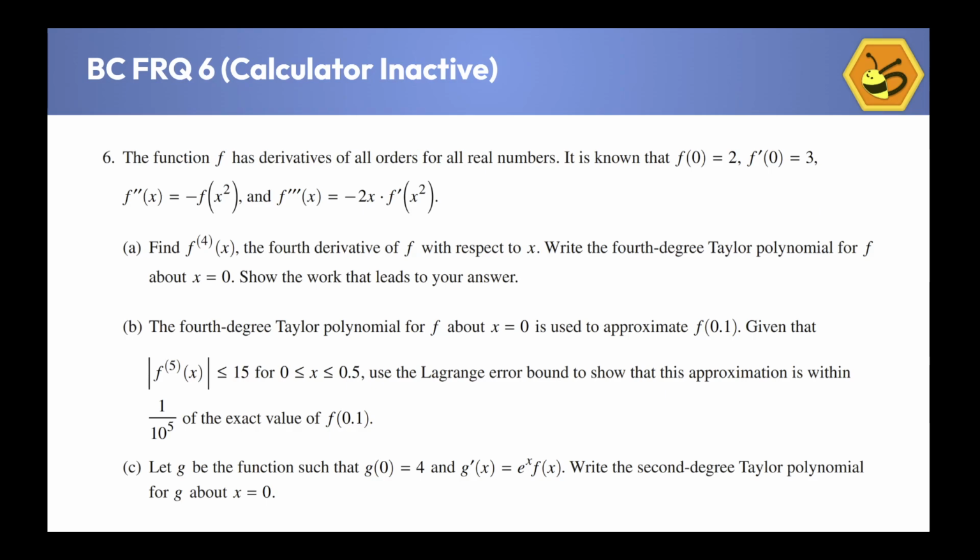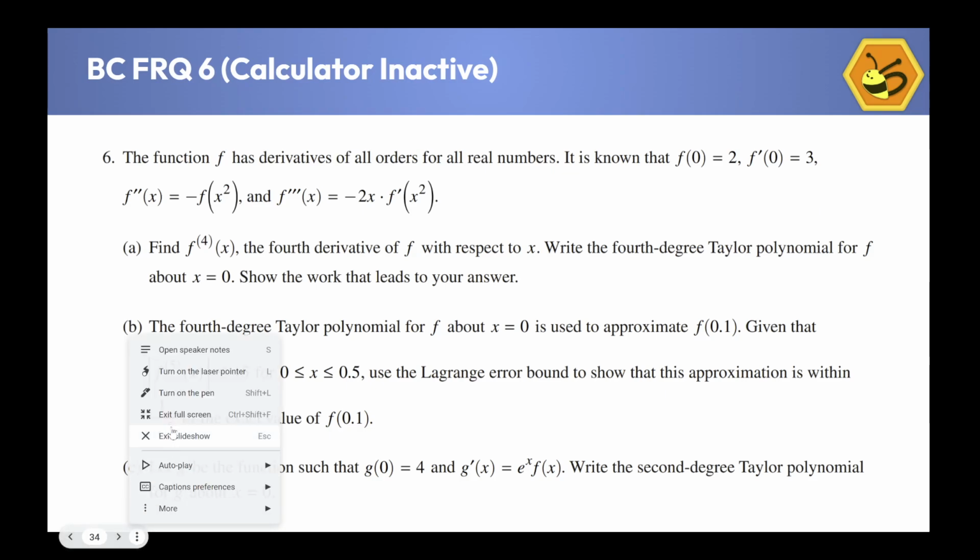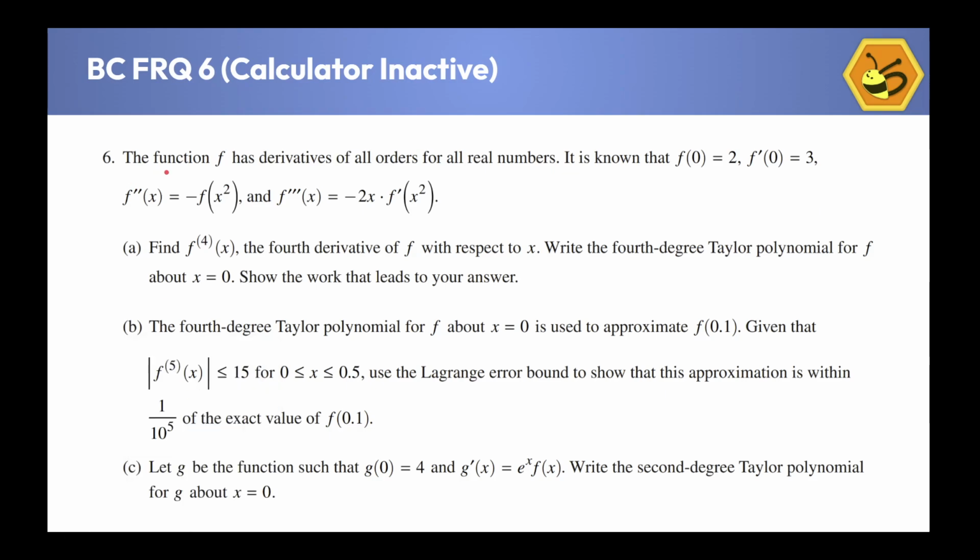Let's take a look at this FRQ 6 about sequences and series. Function f has derivatives of all orders for all real numbers. That's very good for a Taylor series. It is known that f(0) is 2 and f'(0) is 3. The second derivative of f is negative f(x) squared, and the third derivative of f is negative 2x times the derivative of f(x) squared.